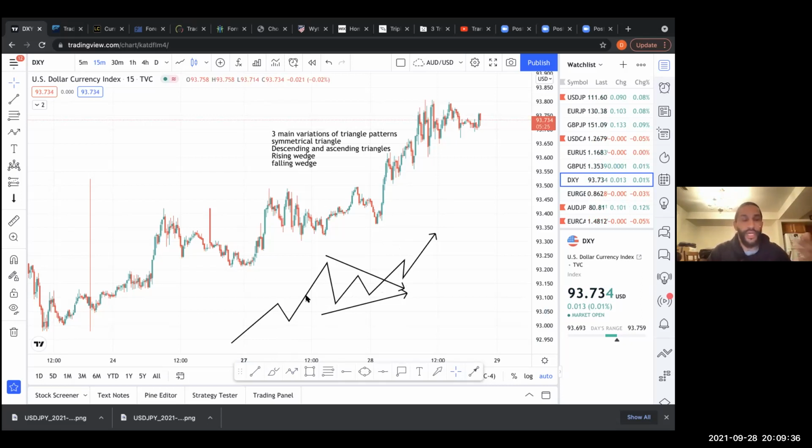Now, Vaughn, you can attest to this: you can also take calls and puts in this triangle. Yes, sir. So also be looking for that. But if I see a symmetrical triangle in an uptrend, I'm going to be looking for it to eventually break and continue in the upward momentum.